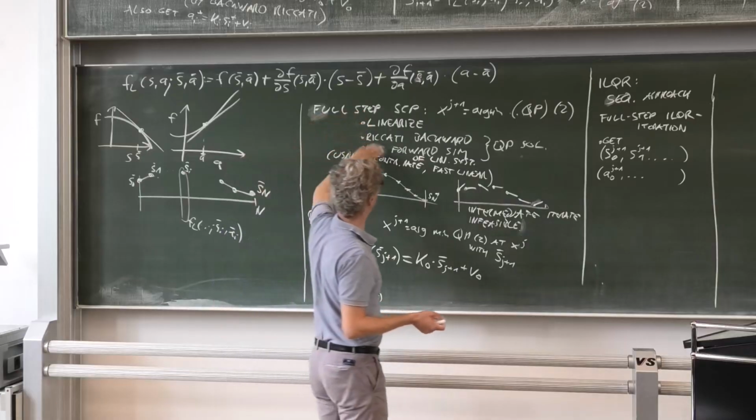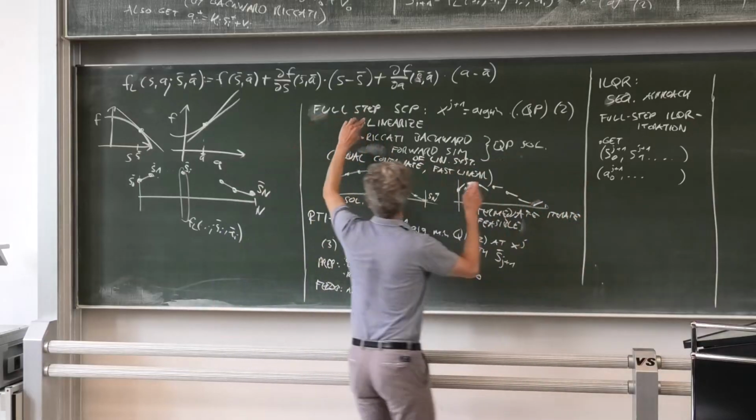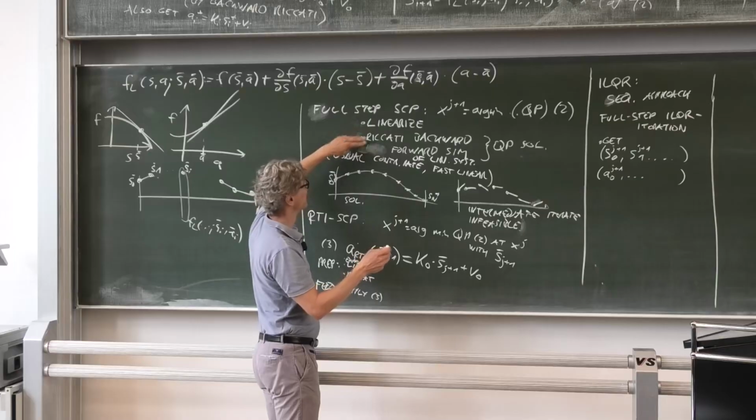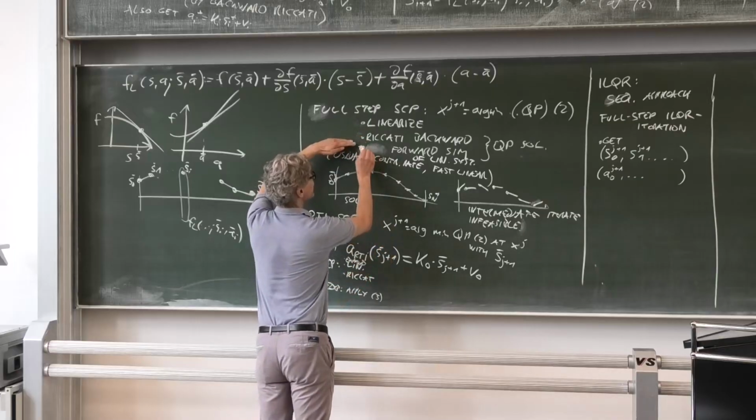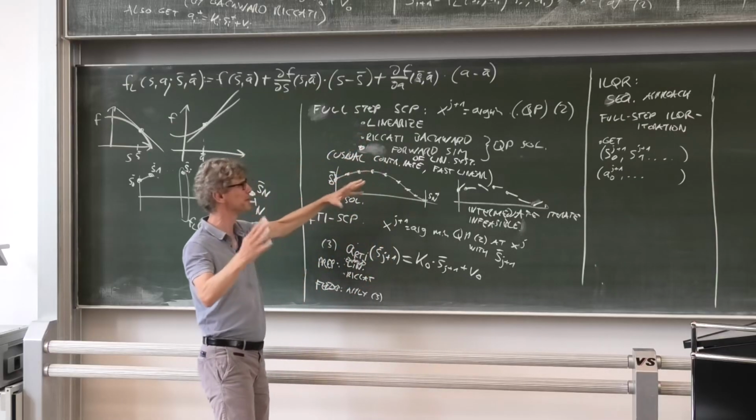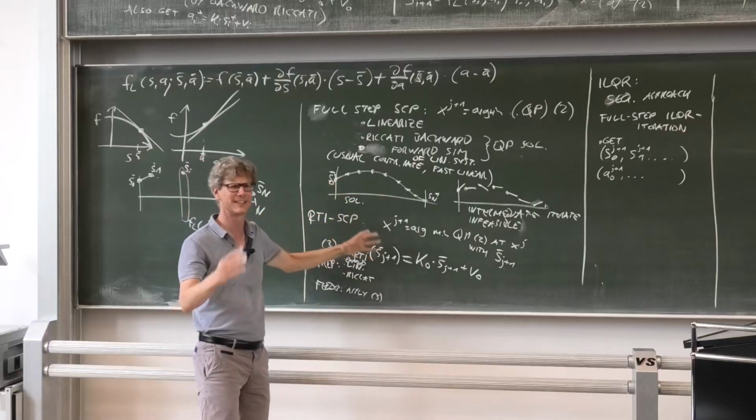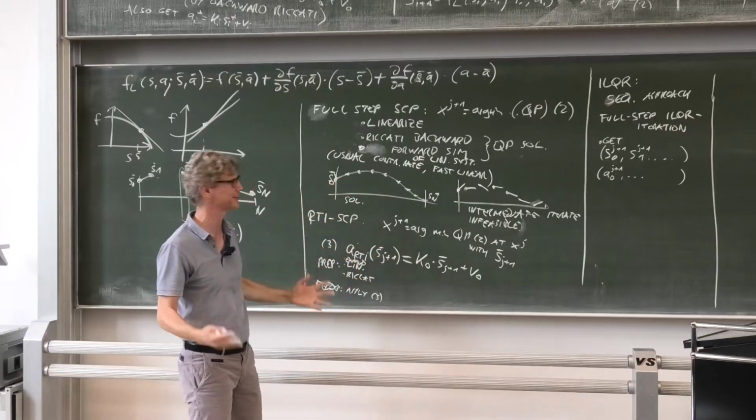So you linearize, you do Riccati. But then here, this forward simulation, this last step, where Joschka rightly directly said, no, why do you simulate a linear system? You know it's nonlinear, right? Why should we do that, right?